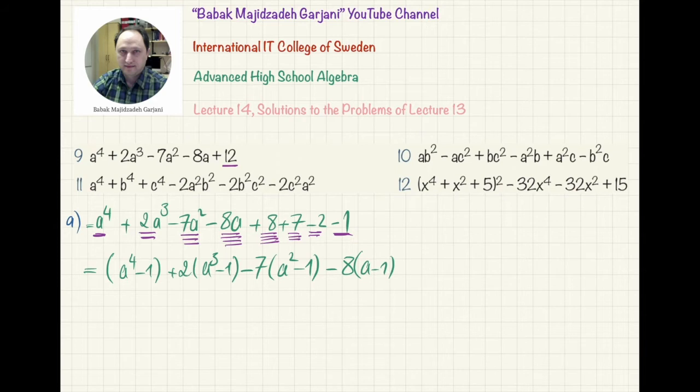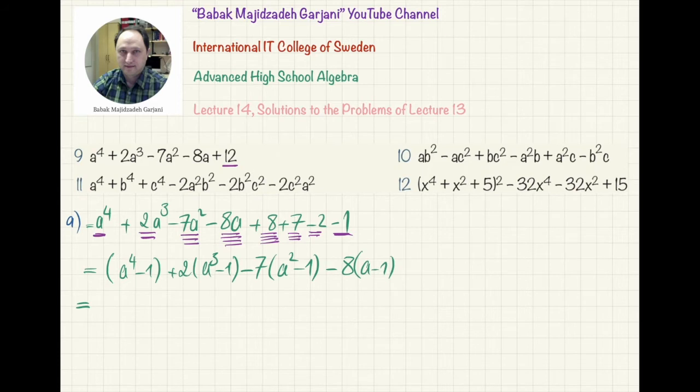Okay, but now let us see how it goes. A to the 4 minus 1, you might say that I don't have any term in common. You are right. But if you look a little bit ahead, you can immediately see that you can have an a minus 1 coming out from here, from here, from here, and that's also a minus 1. So let us factorize this.